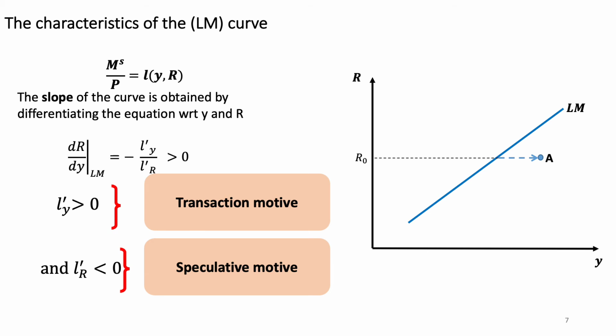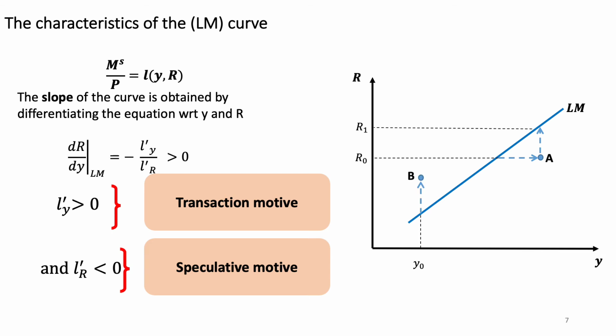Therefore, to maintain the equilibrium on the money market, the money demand for speculative motives must decrease. To do that, the interest rate must increase. Hence, when y increases, we need r to increase to keep demand equals supply on the money market.